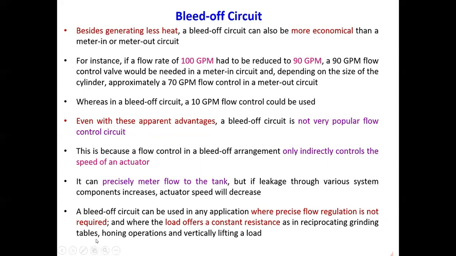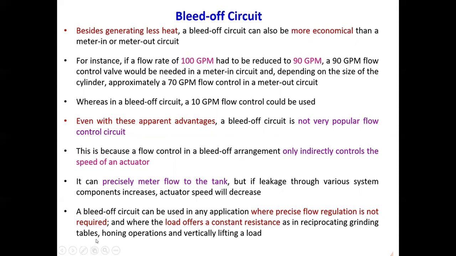Even with this apparent advantage, a bleed off circuit is not a very popular flow control circuit. This is because the flow control in a bleed off arrangement only indirectly controls the speed of the actuator. It can precisely meter flow to the tank, but if leakage through various system components increases, actuator speed will decrease.